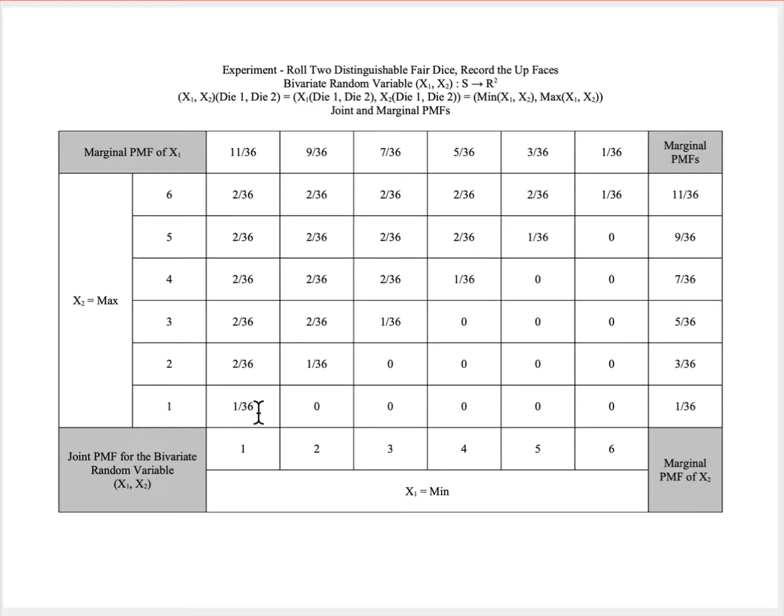So we divide 1 over 36 by 1 over 36, and we get 1. And because there are zeros here, the values of x1 being equal to from 2 to 6 are not even in the space of x1 for that particular situation. And so the conditional PMF of x1, given that x2 is equal to 1, is going to be 1 as long as x1 is equal to 1, and it's going to be 0 otherwise.